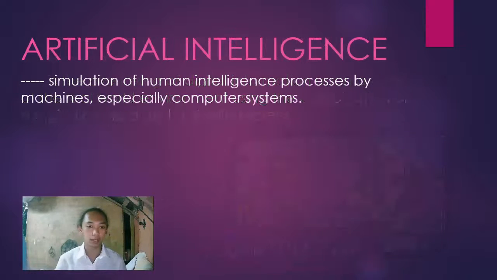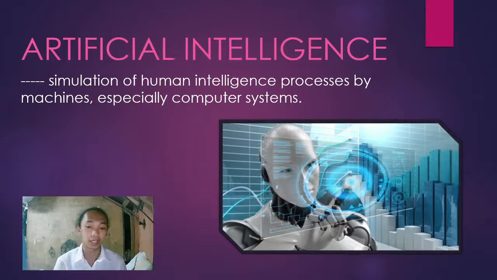By detecting objects, faces, and even QR codes, artificial intelligence is a very good help for augmented reality. Artificial intelligence is the simulation of human intelligence processed by machines, especially computer systems.